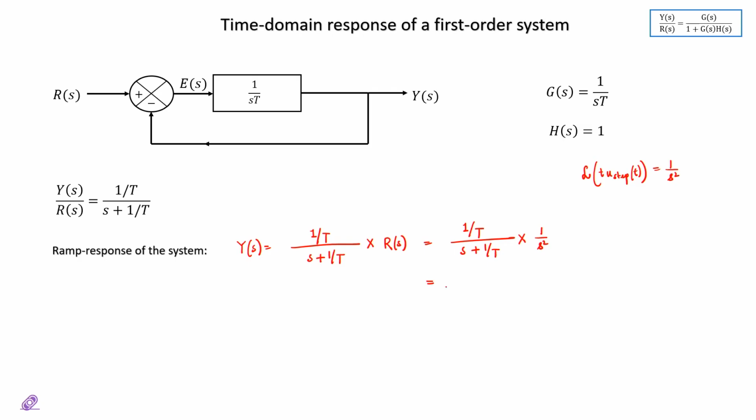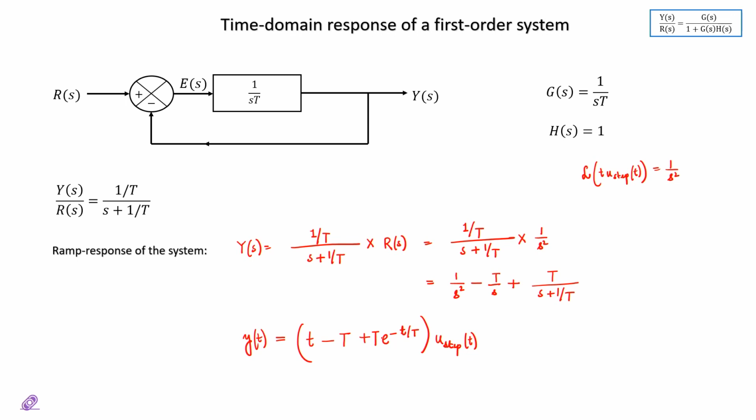It would be 1 by s square minus T by s plus T by s plus 1 by T. You can go ahead and check, this is the partial fraction that you will get, and from here we can directly write what y(t) will be. y(t) will be equal to the Laplace inverse of 1 by s square, which is t, minus the Laplace inverse of T by s, which is T, plus T e to the power of minus t by T, whole into u(t), because this is only for t greater than 0.